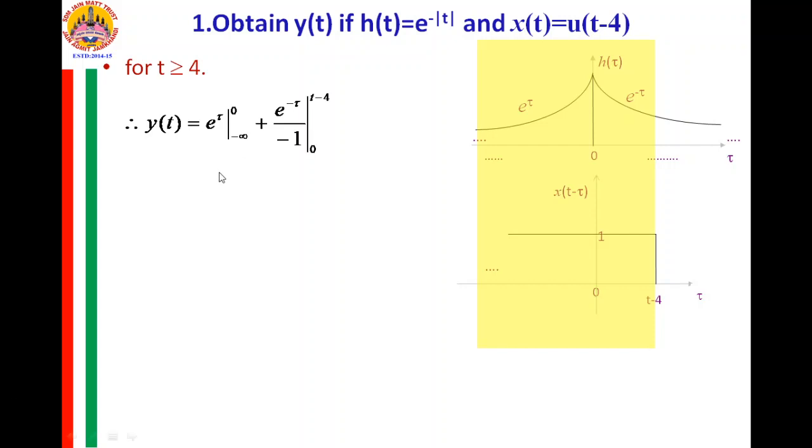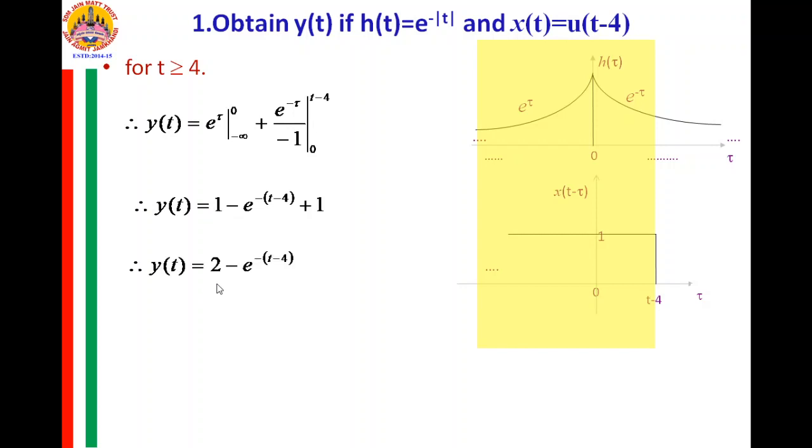The integration of e raised to tau is e raised to tau, and you substitute the limits minus infinity to 0. The integration of e raised to minus tau is e raised to minus tau upon minus 1, and the limits are 0 to t minus 4. If you substitute the limits, for the first you will get 1, and for the second it is minus e raised to minus of t minus 4 plus 1, so together we have 2.